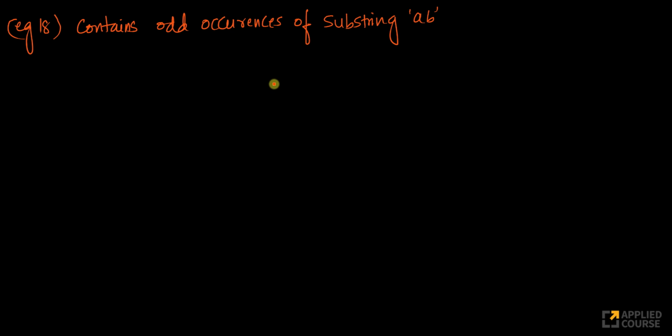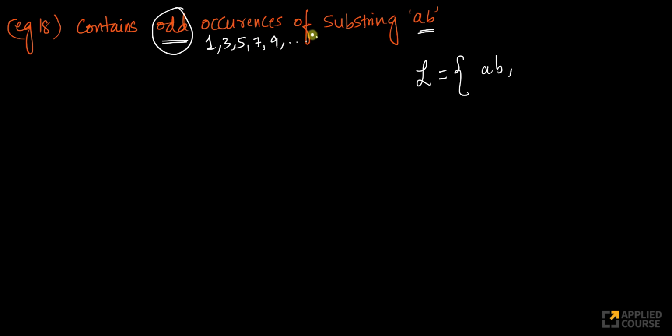Let's go for a slightly more complex example. You want odd occurrences of the substring AB. Not even occurrences, but odd occurrences of AB. So let's look at this language. Odd basically means 1 occurrence, 3 occurrences, 5, 7, 9 occurrences, and so on.